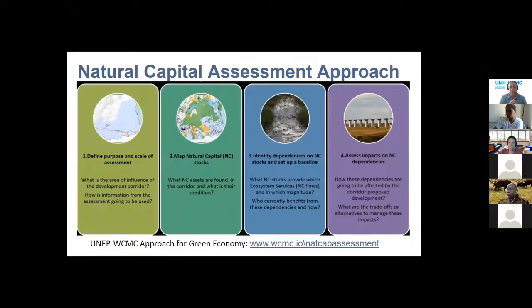And then assess impacts on natural capital from different development proposals. So some sort of scenario analysis around the implications of different options for development corridor projects in this instance. This is broadly aligned with an approach that we did a couple of years ago for green economy transition as well. So there's a bit more detail in that publication at the bottom there also.